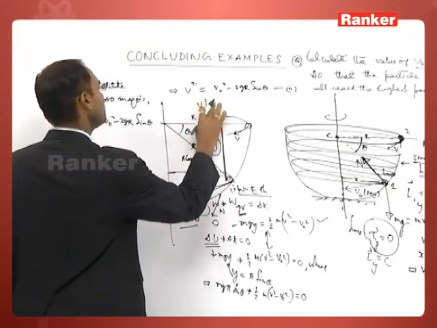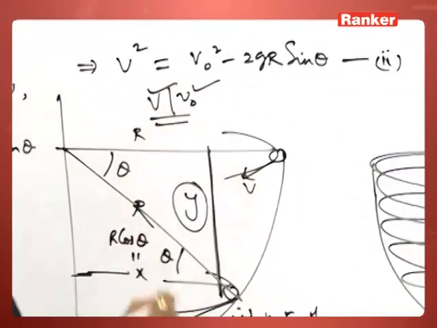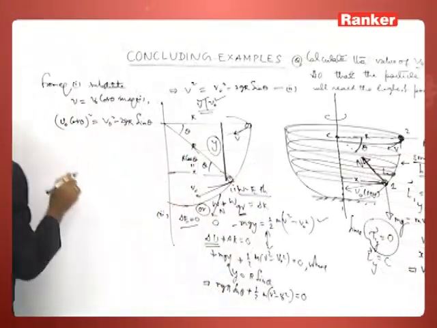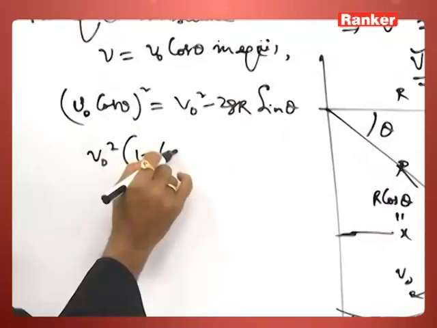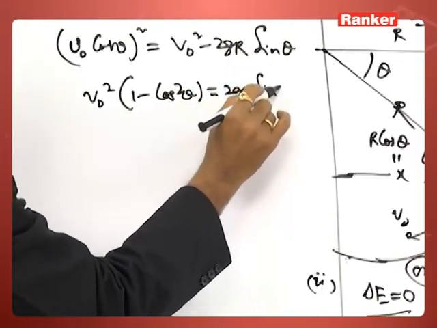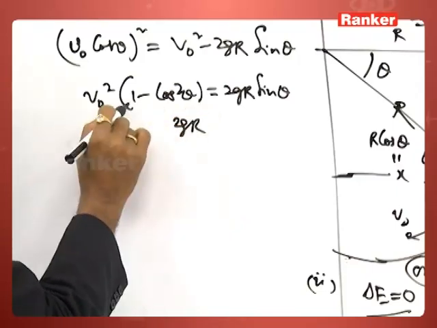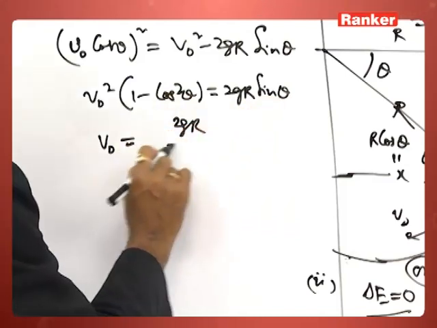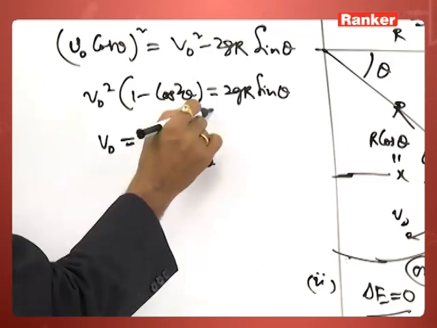And here for a given theta, we have 2 unknowns, v and v naught, initial velocity and final velocity. So, this will give us v naught square times 1 minus cos square theta is equal to 2gr sin theta. So, v naught is equal to square root of 2gr, 1 minus cos square theta is equal to sin square theta, and one sin theta gets cancelled, and you are getting sin theta in the denominator.